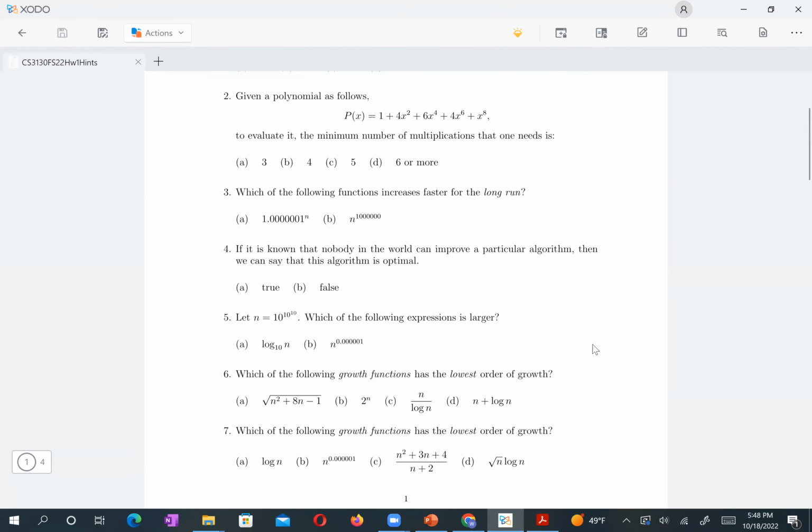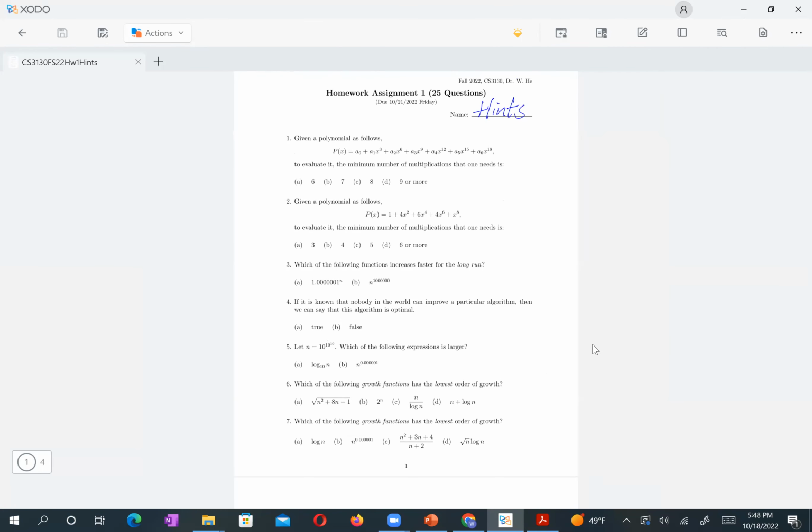Chat message, let me check: when problems 3 and 5 ask which expression is larger, it's referring to function growth, correct? I assume so, but not certain. Let me check that. Number 3, number 5.